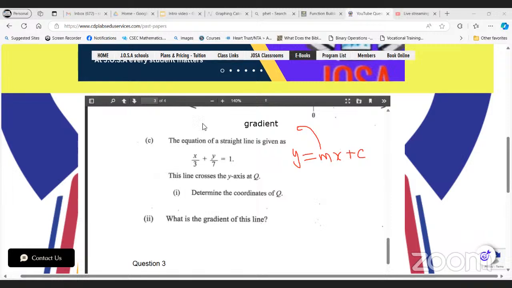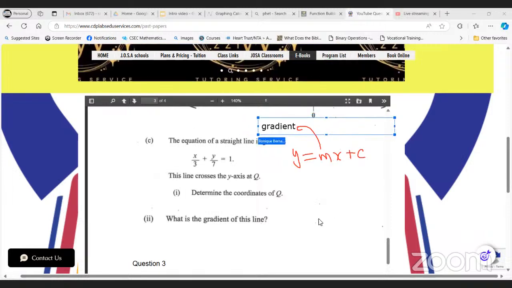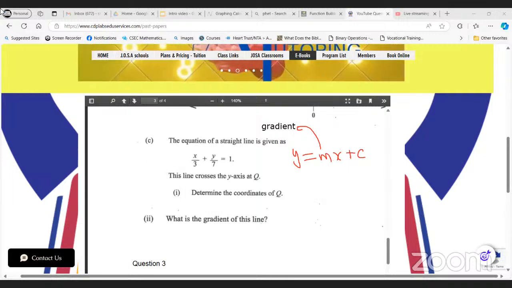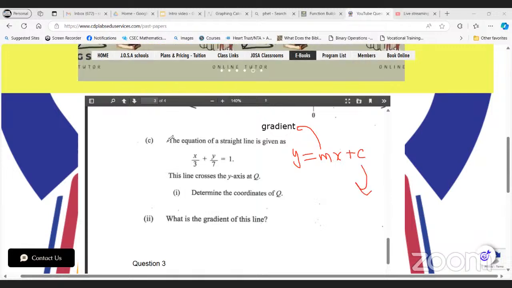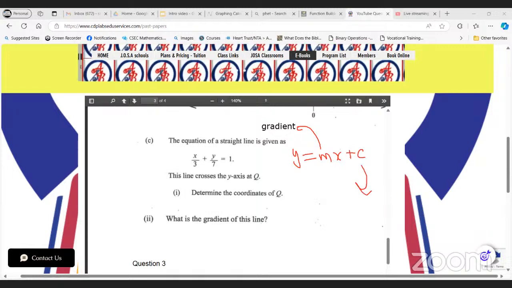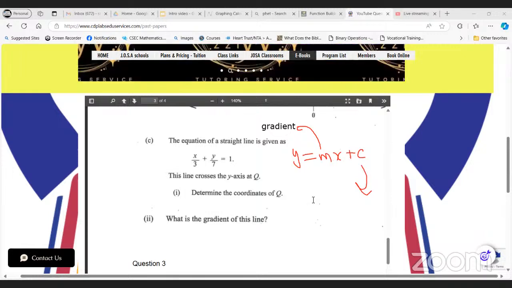And c is what we call the constant or the y-intercept. Preferably use the y-intercept.